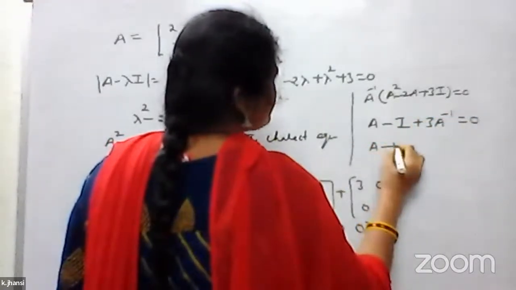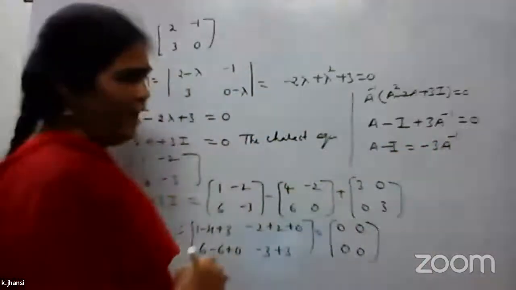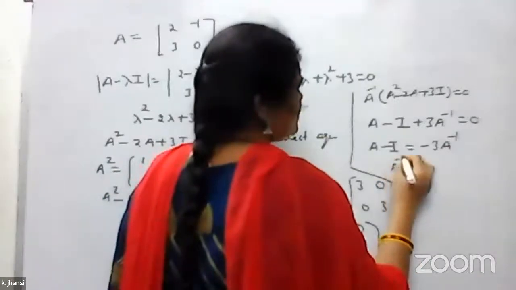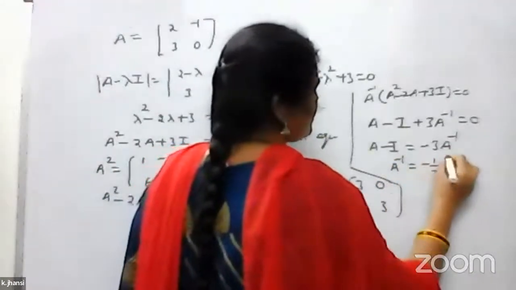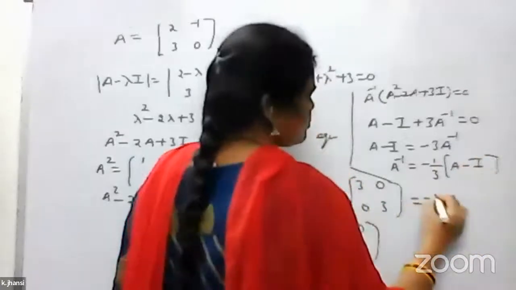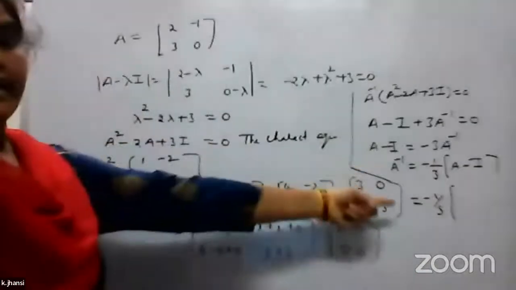So A minus 2I is equal to minus 3 A inverse. Okay. So A inverse is equal to minus 1 by 3 of A minus 2I.